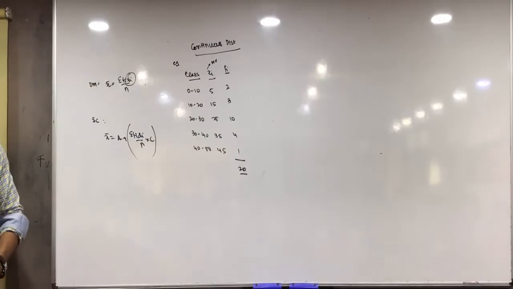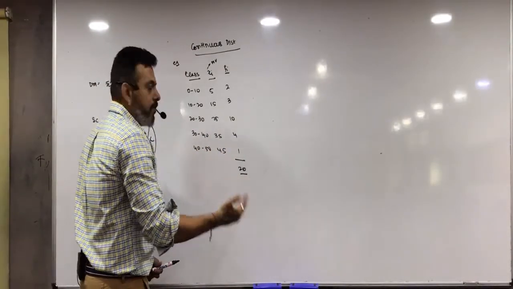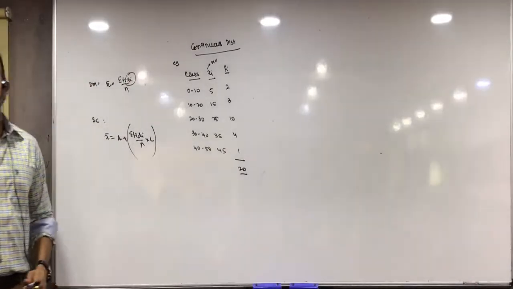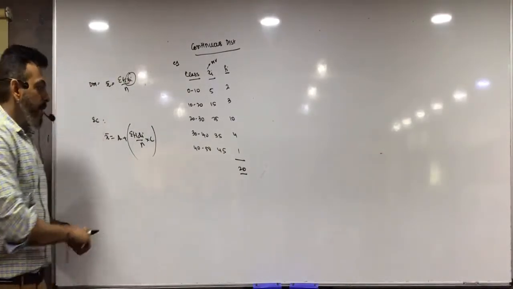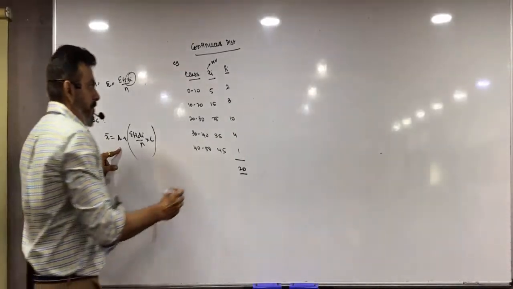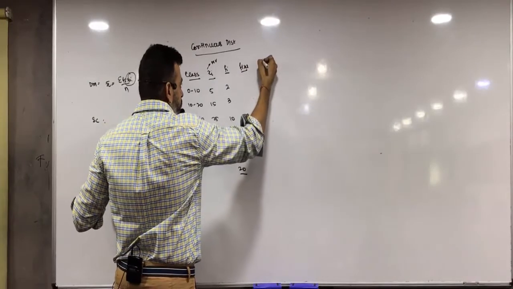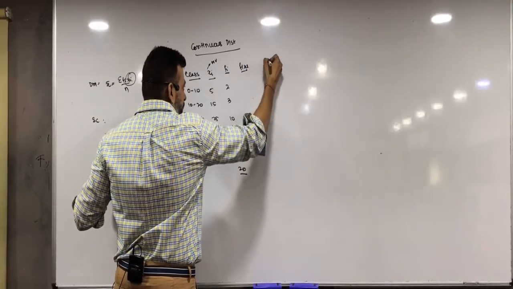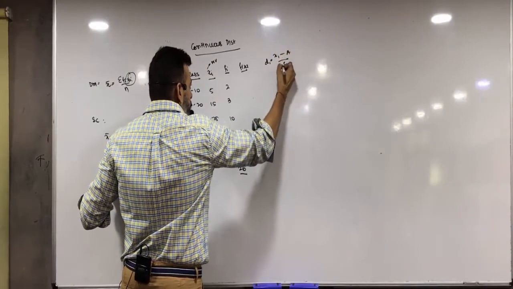Now because calculators are allowed, direct method is also very simple for you. But generally examiners expect shortcut method. In direct method, you will find out Fi xi. If it is shortcut method, you have to find out di, which is equal to xi minus a upon c.